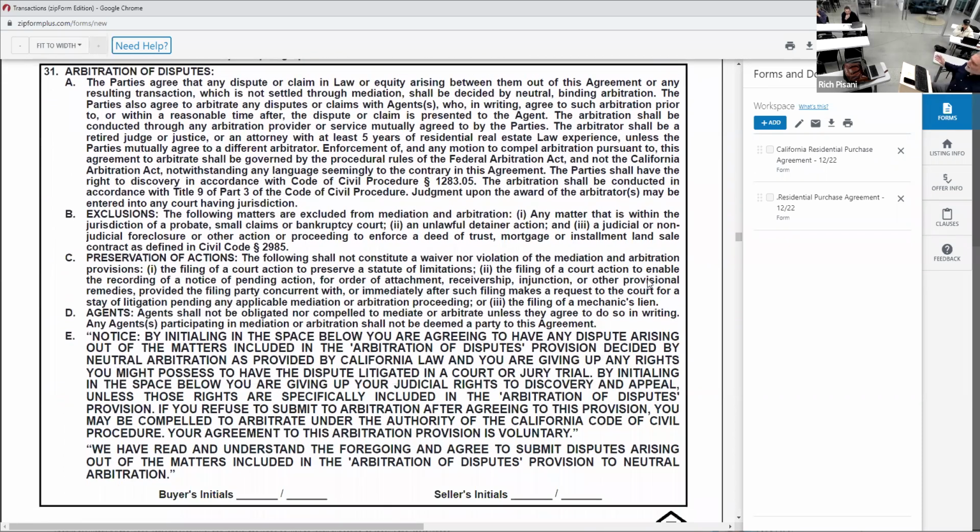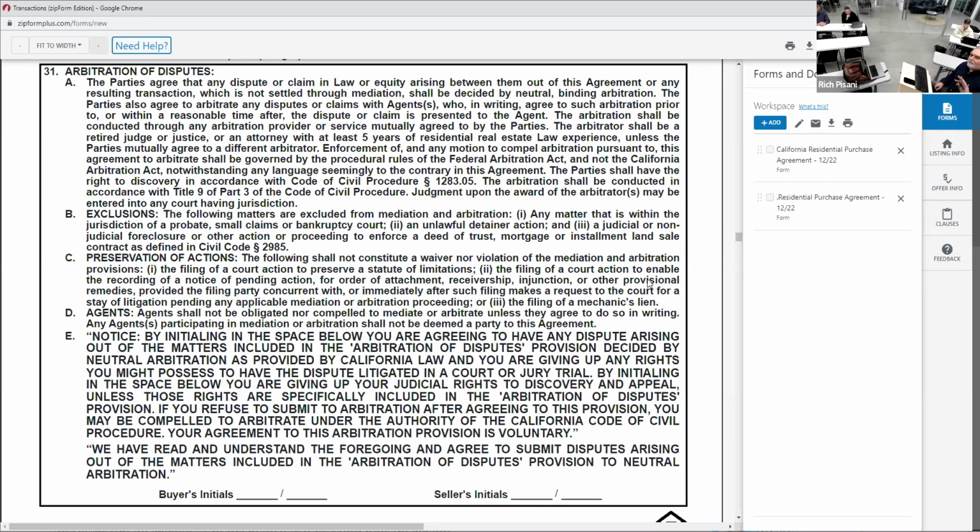Arbitration is, you're before a retired judge, a retired real estate attorney, and he is given all the evidence, and he or she decides who is right and what the award is.